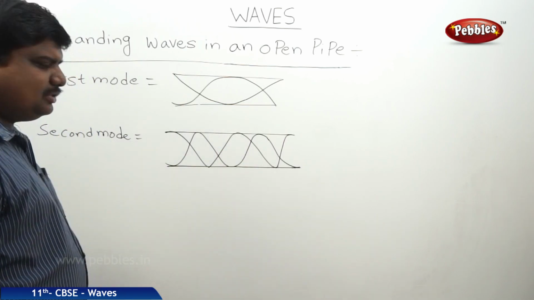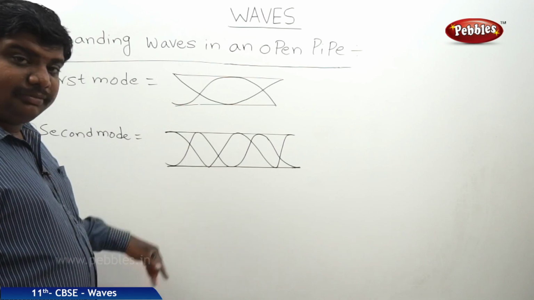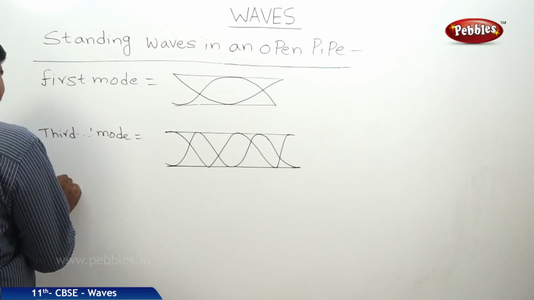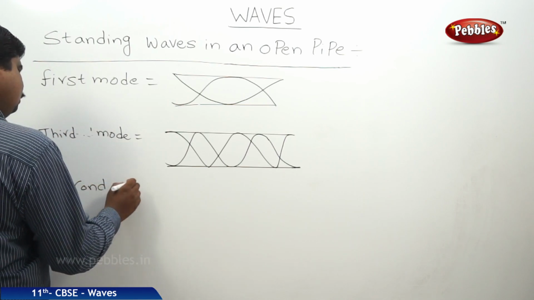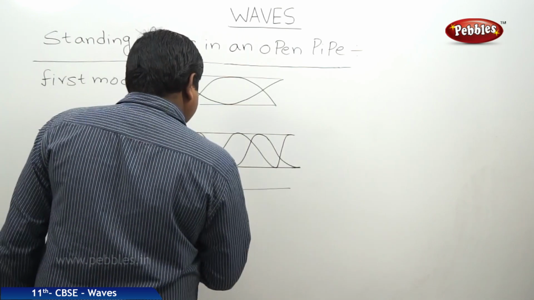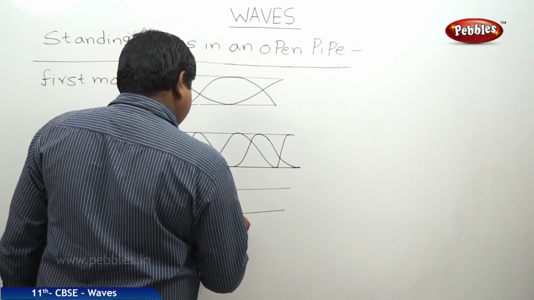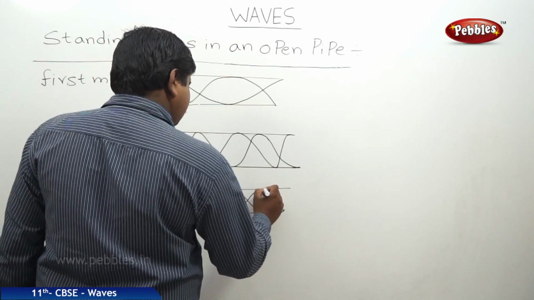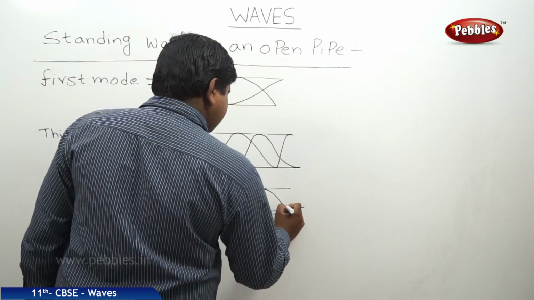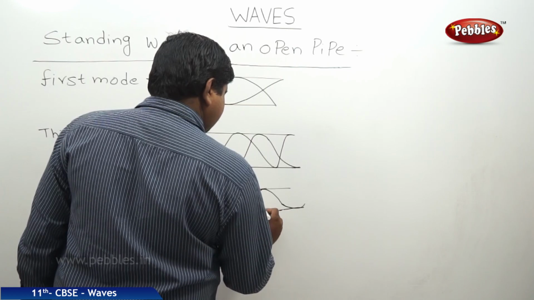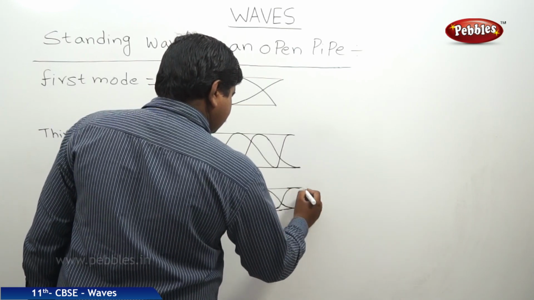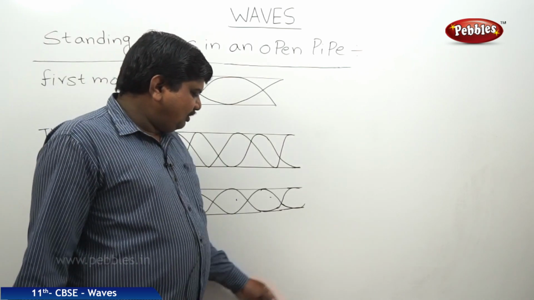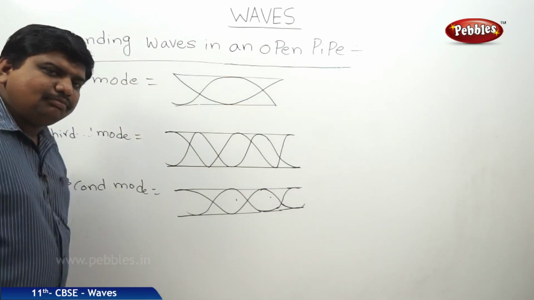If it is creating 3 loops which are inside, which is closed, that is said to be the third mode. So we can write this one as third mode. That means the number of loops increases with the mode of vibration.